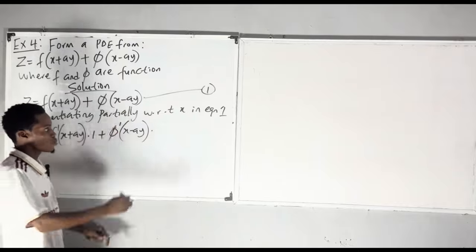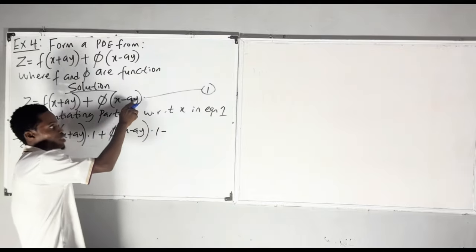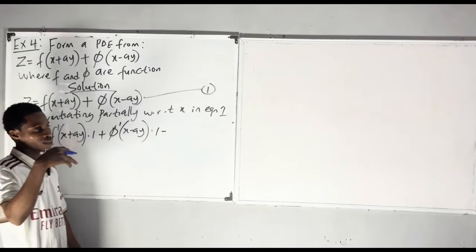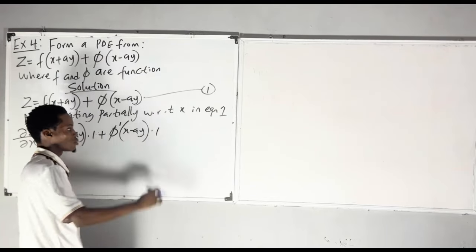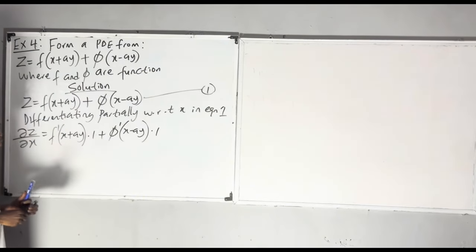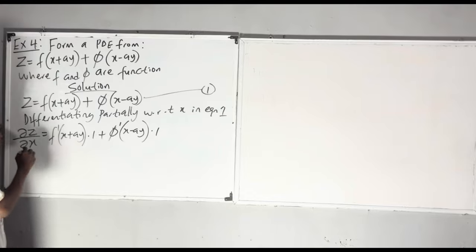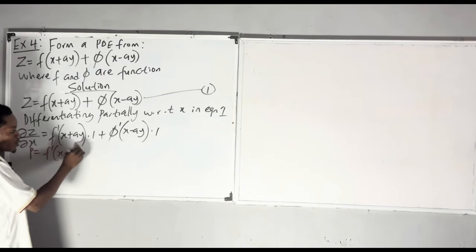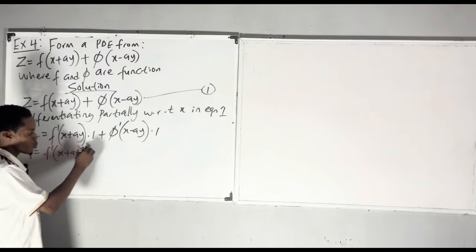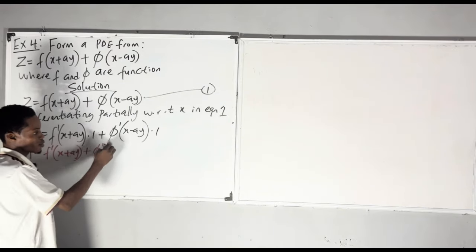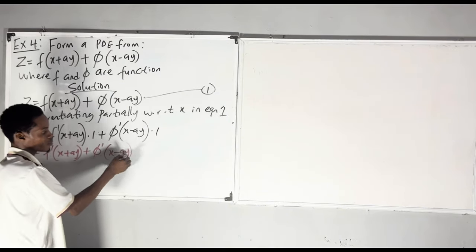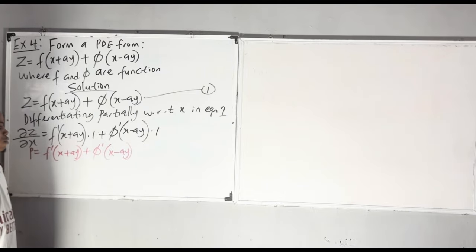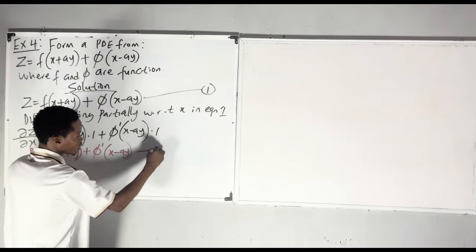Differentiating x, I'm going to have 1, minus the derivative of ay with respect to x, which is 0, so 1. So my notation for dz over dx is p, which is equal to f prime of x plus ay times 1, plus phi prime of x minus ay times 1. I can name this equation 2.